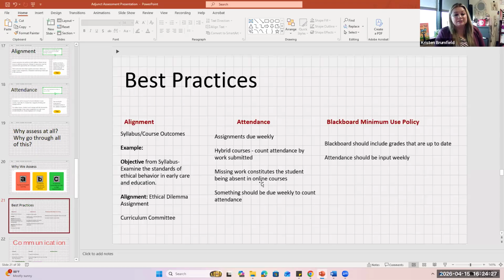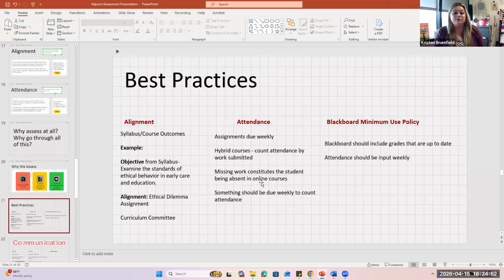Also, best practice: attendance assignments due weekly. Of course, I mentioned earlier that's how you track attendance weekly. If it's an online course or hybrid course, you count attendance by work submitted. And of course, the same for an in-person course, if they're physically there. Missing work constitutes the student being absent.